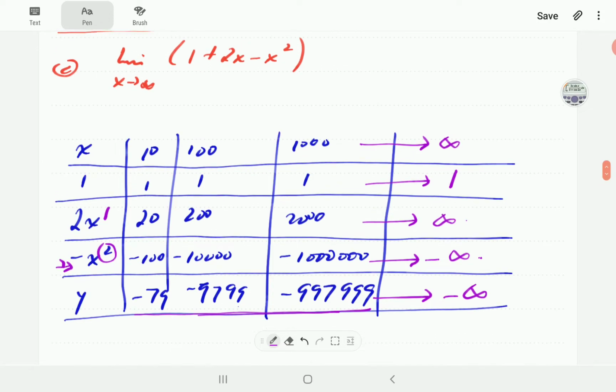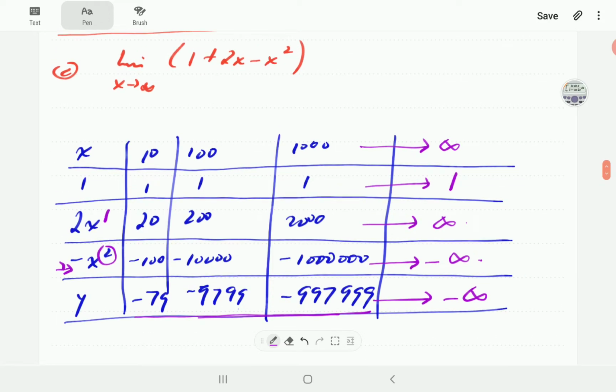So the point we are trying to make is that the behavior of this function as x goes to infinity is going to be dominated by the highest power of x.